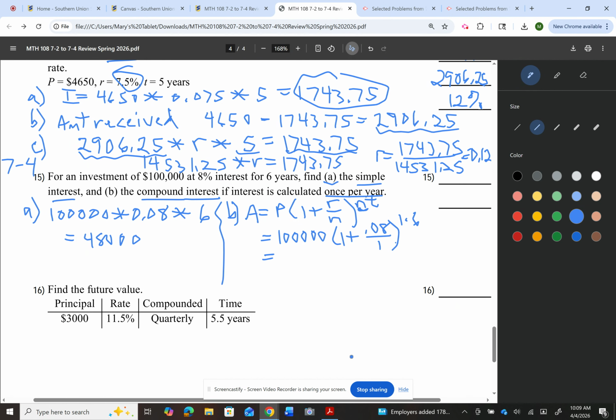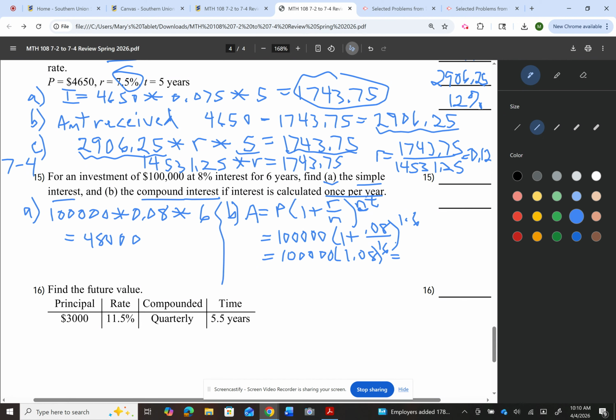So I'm going to type in 100,000. 1 plus 0.08 over 1 is just 1.08, and I'm going to raise it to the 6th power. All right, so don't have a typo with too few zeros like I did. Let me type that in.